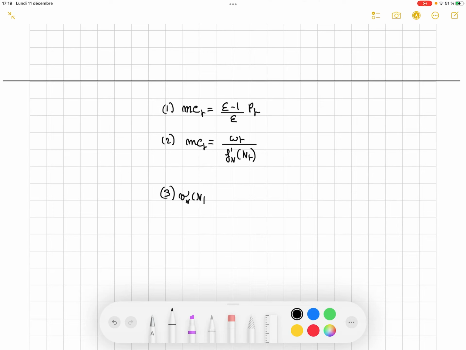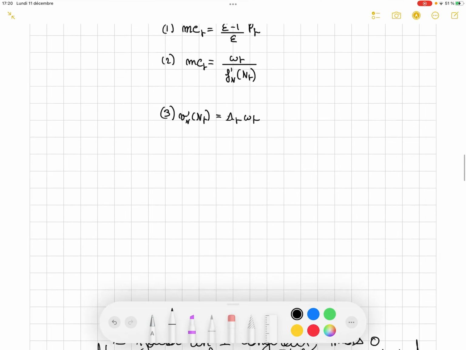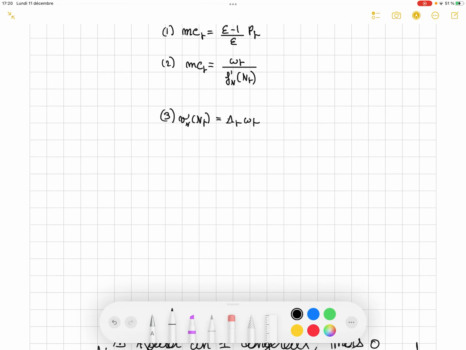So we have that the marginal disutility, if I may say, of labor must be equal to the wage in terms of consumption. I will keep this lambda t expression for the marginal utility of consumption. It's a bit less big to do. Multiplied basically by the wage. So that's the third equation of our system.